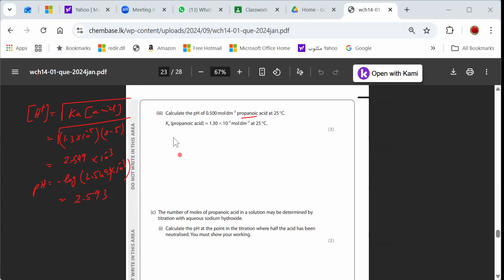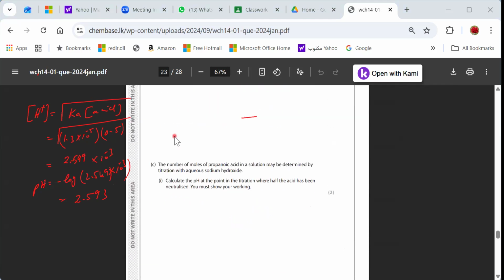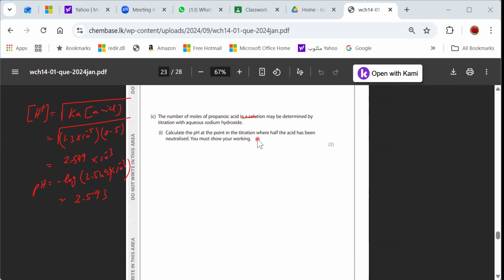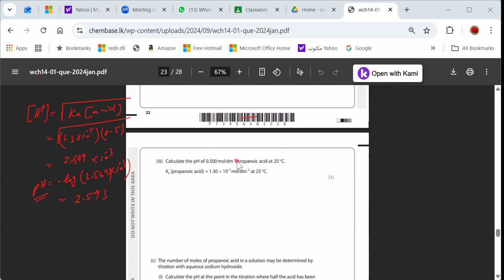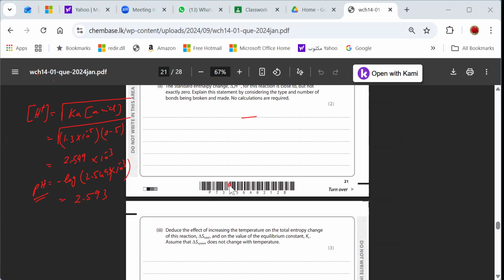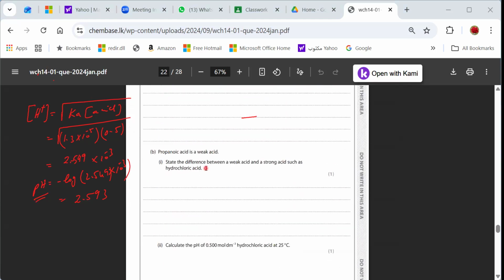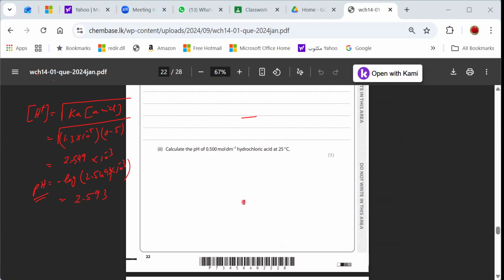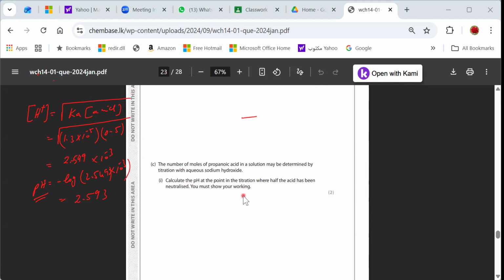So this is the BIII, and then CI. They said calculate the pH at the point in the titration where half the acid has been neutralized. They said that the number of moles of propanoic acid in a solution may be determined by titration with aqueous sodium hydroxide. We calculated the pH at the beginning. Propanoic acid is a weak acid.